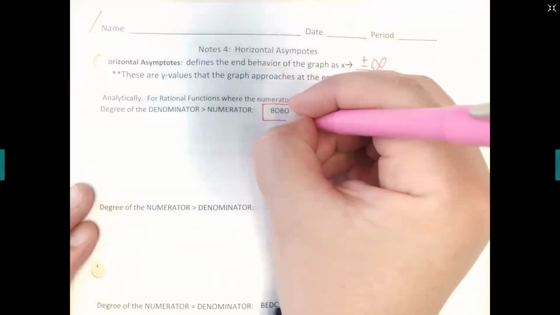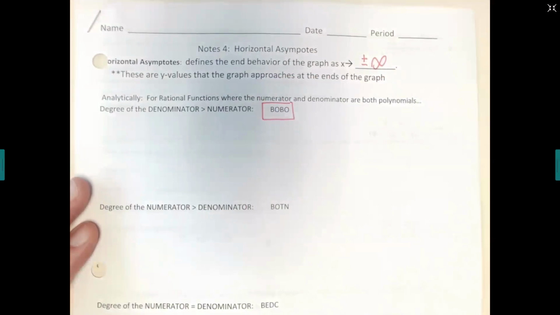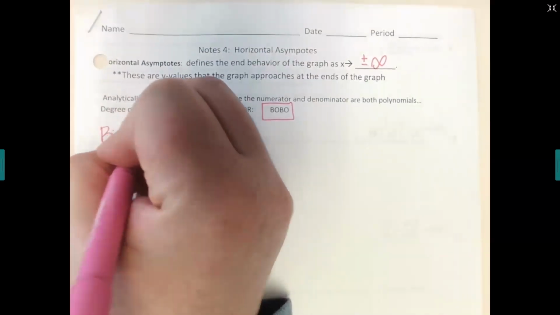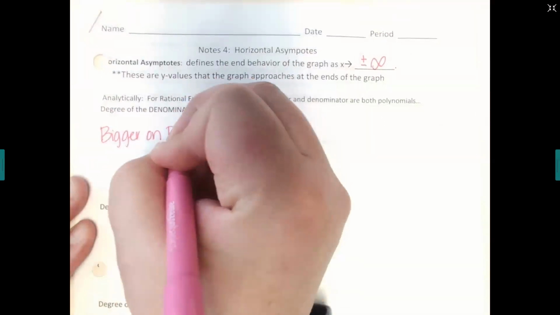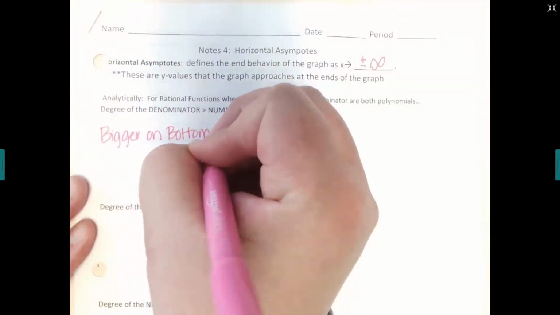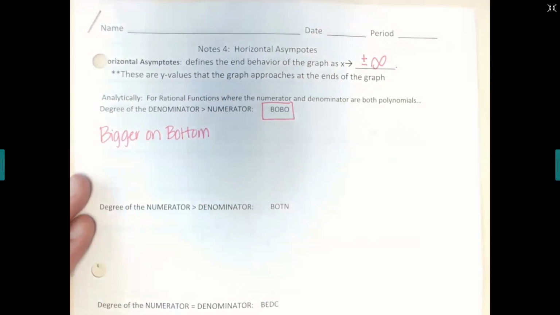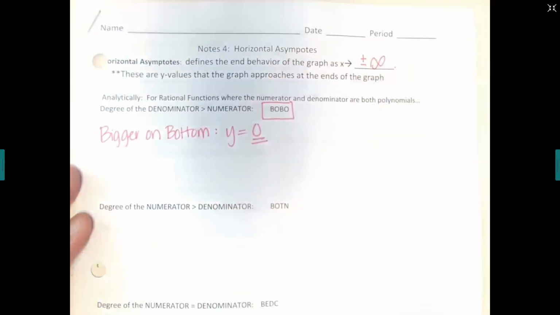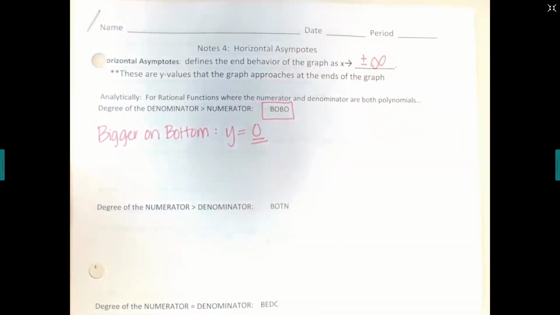The first one is BOBO. BOBO is bigger on bottom. If your expression has a bigger power on the bottom, then your ends are gonna approach 0. So bigger on bottom, 0.